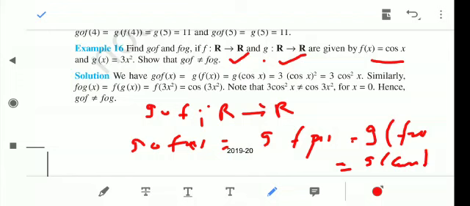And what is g(x)? g(x) is 3x square. So wherever you have x, we have to write cos x. So g of cos x will be 3 cos square x. So gof(x) equals 3 cos square x, and fog(x) equals cos 3x square. So you can see fog is not equal to gof.